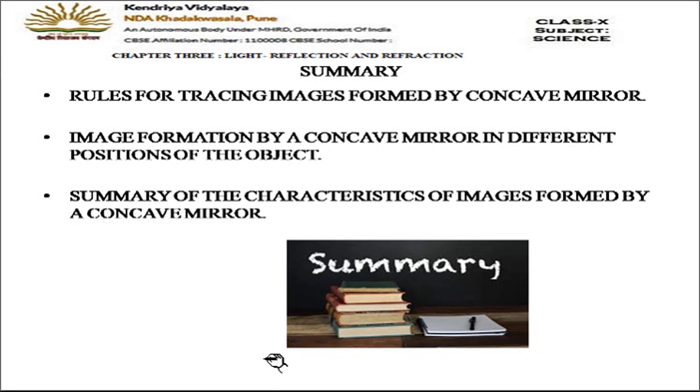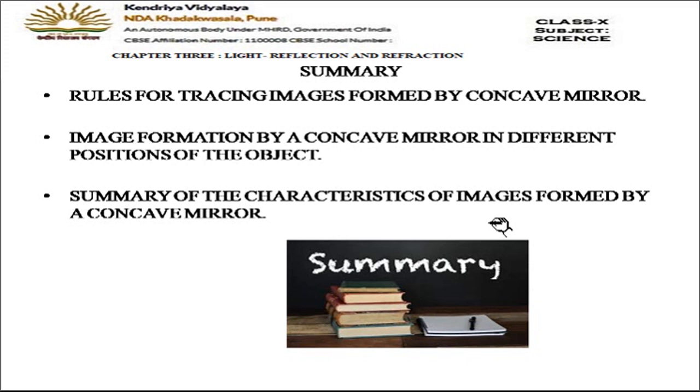Okay. Then we have studied about how the image forms at 6 different positions of the object in case of concave mirror. And then we have summarized the images which are formed by the concave mirror. Okay. I hope all the positions of the objects, positions of the images, types of the images, real, inverted, why we are calling it real, why it is inverted, why it is virtual and erect.